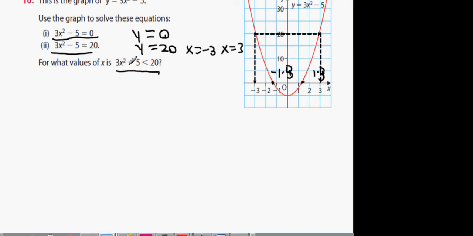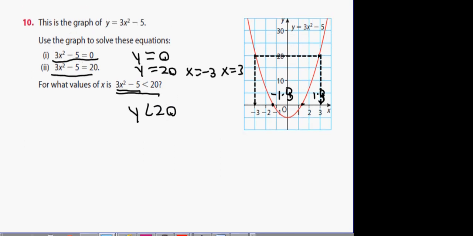For what values of x is y smaller than 20? Let's figure this out. Is it bigger or smaller than 20 at the moment? Bigger, bigger, bigger. Stop. Equal to 20. Smaller, smaller, smaller.